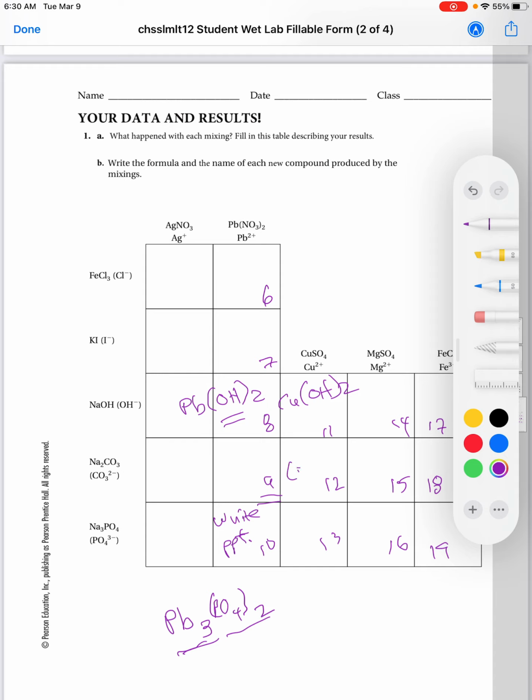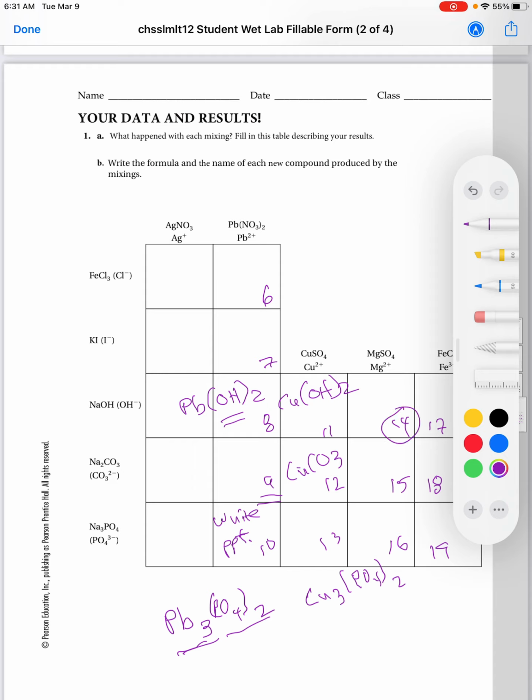It would simply be CuCO3. And the last one again is a light blue precipitate. All these copper salts are light blue, and it is very similar to the lead phosphate because, like the lead, it has a +2 charge, so it would be Cu3PO4 inside the parentheses times 2. Copper 2 phosphate is its name, and it gives a light blue precipitate.